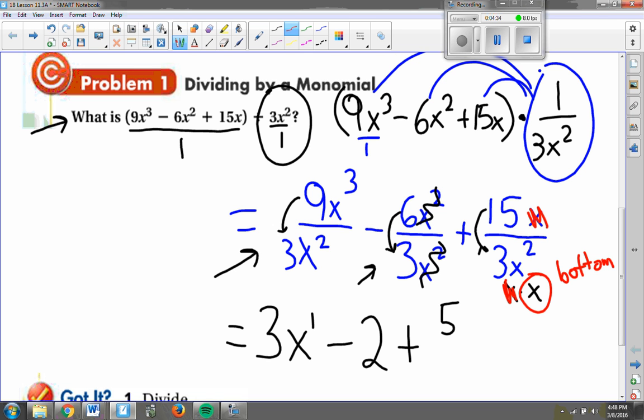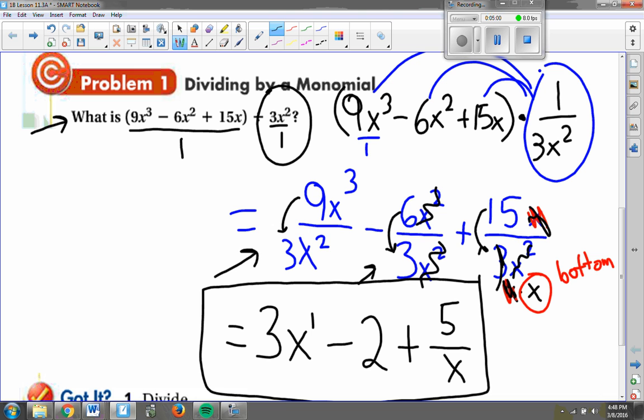When I have more x's or more variables on the bottom than I do on the top, I'm going to end with a fraction in my polynomial, 5 over an x. Remember, I canceled the 3 by dividing, and I canceled one of these x's with the top one, but I still have one on the bottom. Okay? So my final answer is 3x minus 2 plus this fraction 5 over x, because that's what I get when I simplify that last chunk.